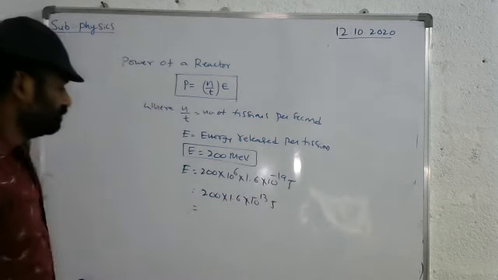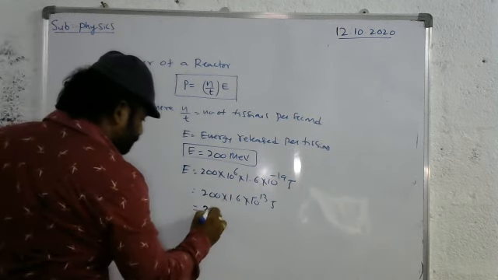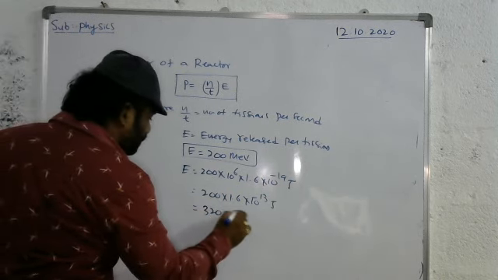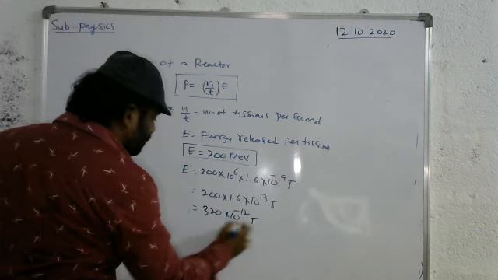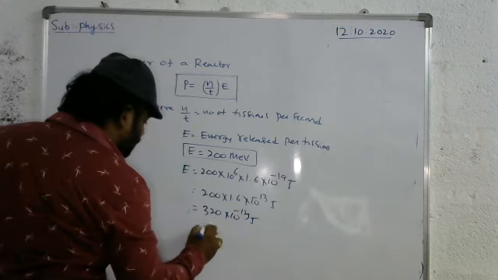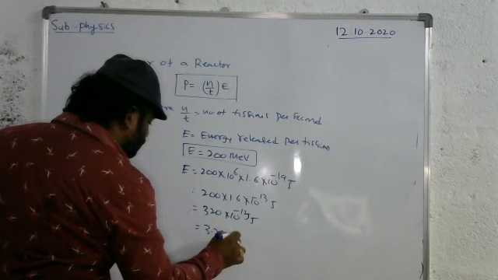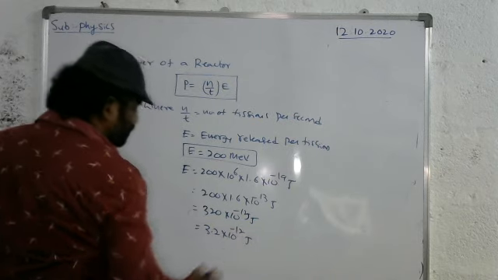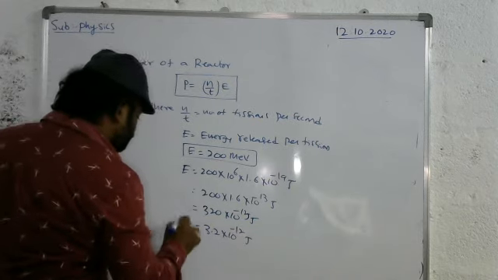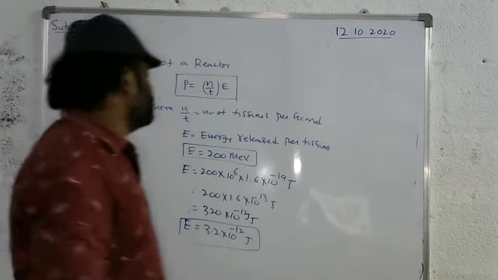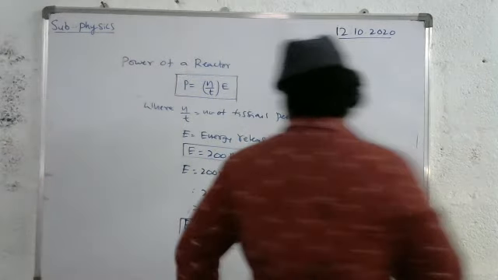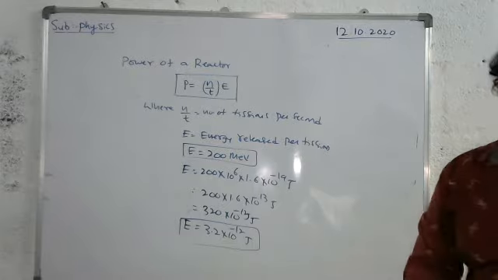Further simplification, 320 into 10 to the power of minus 13 joule, or we can write 3.2 into 10 to the power of minus 11 joule. This much energy is released for one fission.